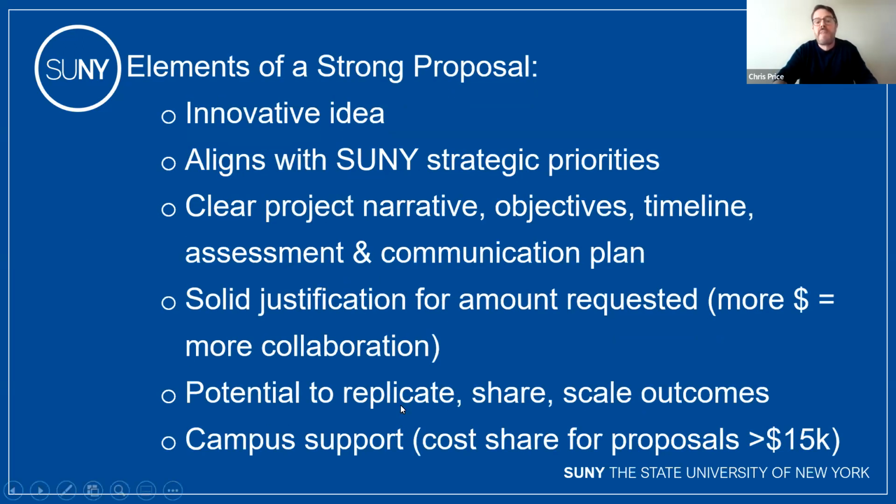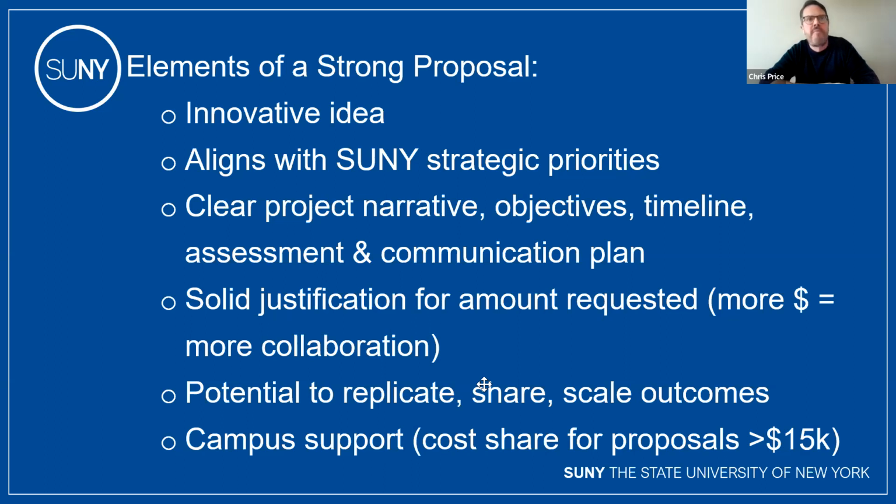We also want to know that your campus supports it, right? Your campus needs to have some skin in the game, so to speak, especially for those proposals where you're asking for more than $15,000. And as the next slide will show, there is a cost sharing requirement for proposals that are more than $15,000.